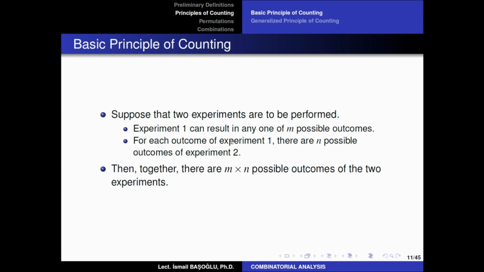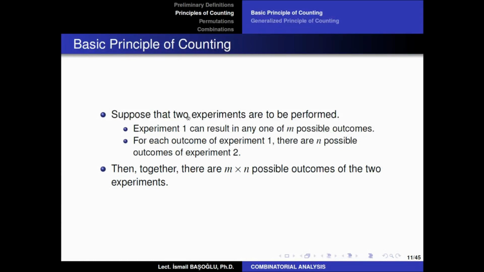And for each outcome of the first experiment that we have performed, so whatever the outcome of the first experiment is, when we perform the second experiment, it may end up with n possible outcomes. So experiment 1 can result in any one of m possible outcomes, and for each outcome of experiment 1, there are n possible outcomes of experiment 2.